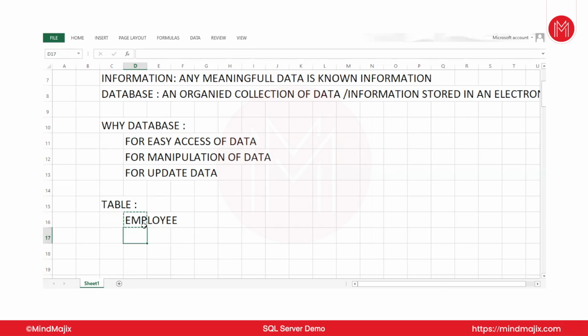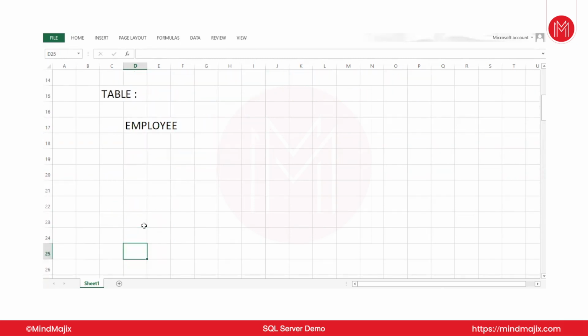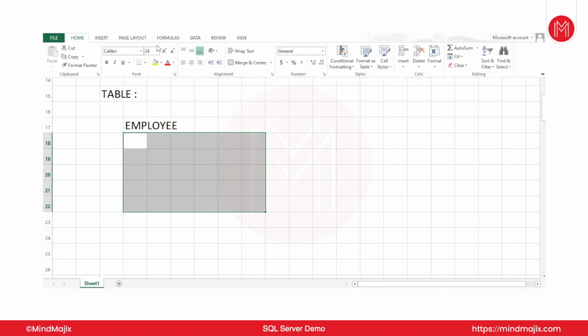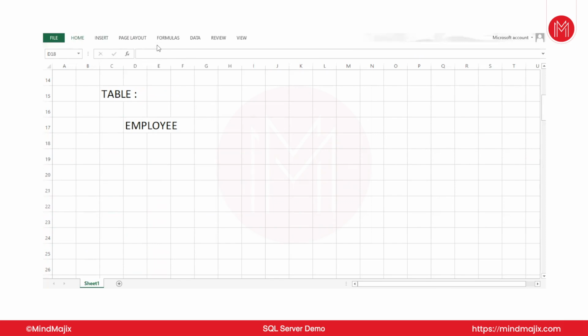Every company has employees. Like that, in our company also, I have an employee table in the database. I'm just showing how the table looks, just giving an example. The table looks like this, and I'm going to draw a small example.